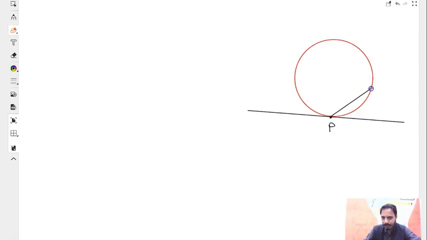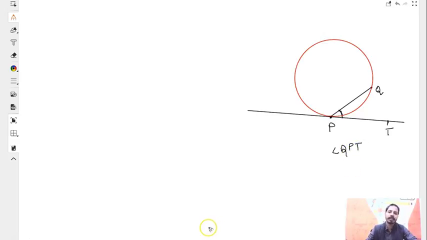Suppose I take a chord in this way. Say this is PQ. Now what they are asking is, what is this angle? Say this point is T. So what is angle QPT?